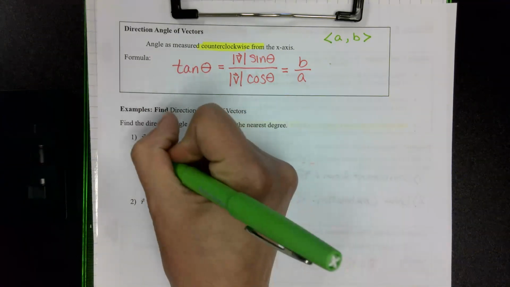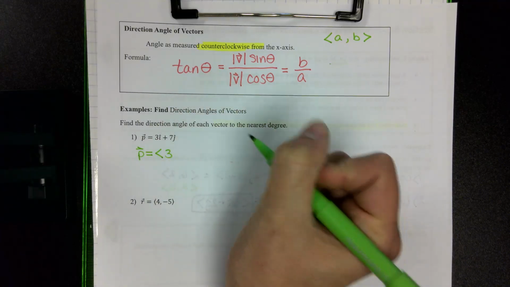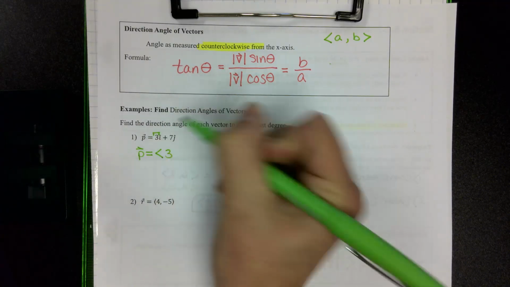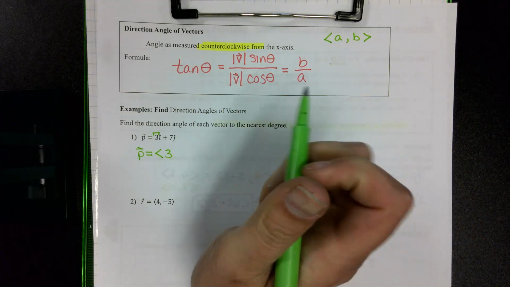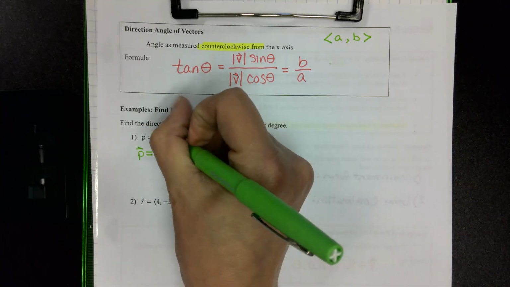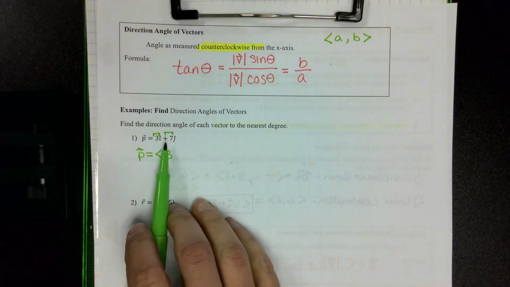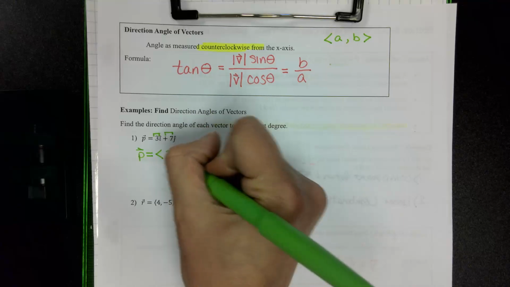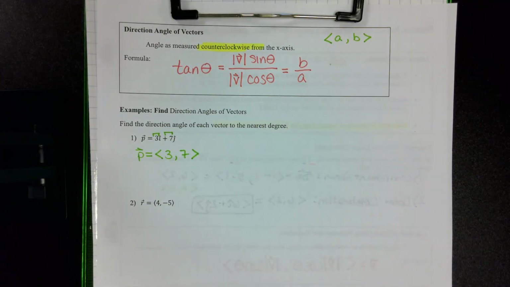Vector P equals 3, because my A comes from whatever is with i, and my B comes from whatever is with j. I need to check the sign, because if it is minus, then I have a negative. But it's positive, so this is a positive 7. So 3, 7 is the component form of the vector.